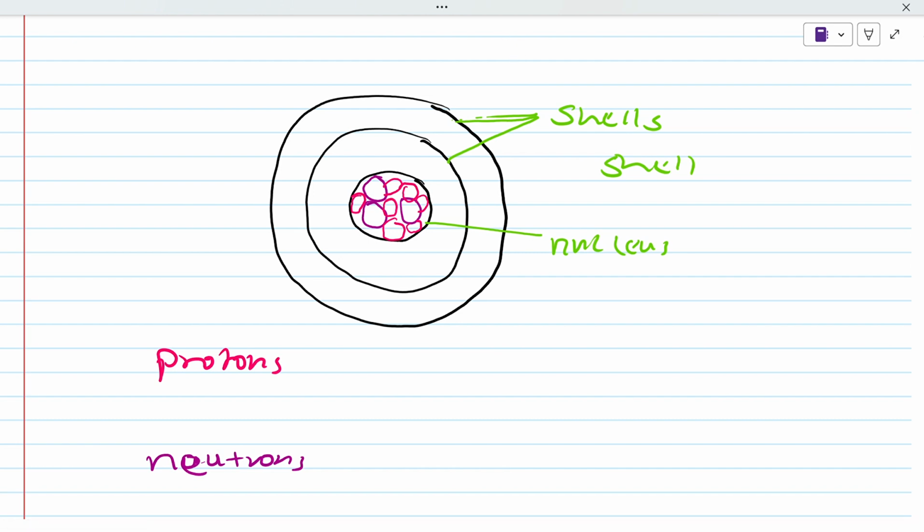Now, when dealing with protons, the first thing that we need to know, protons are positively charged.